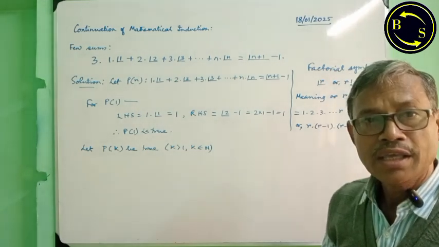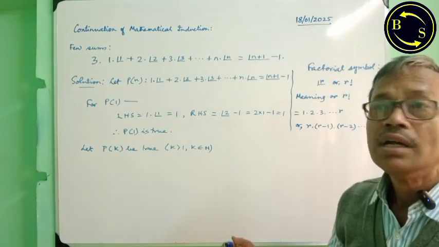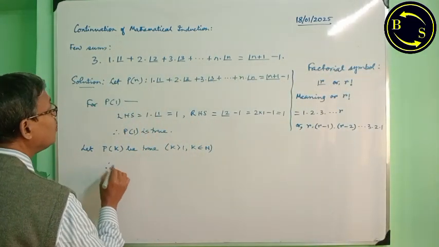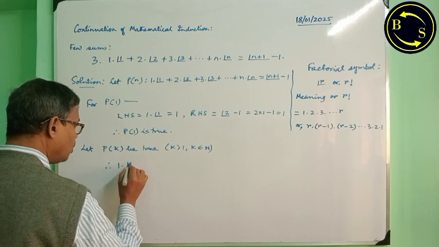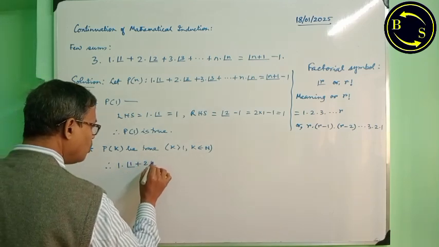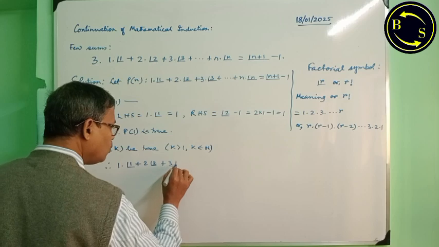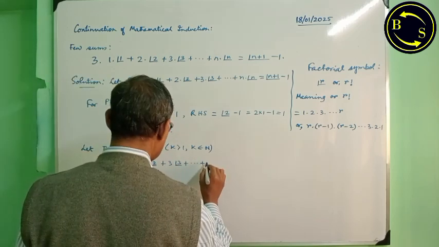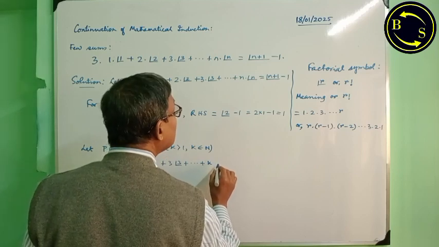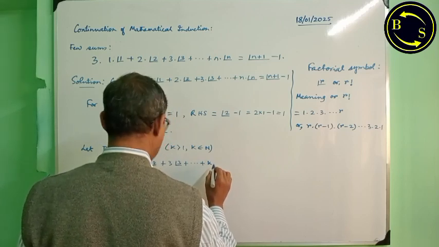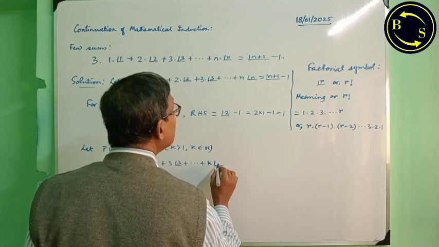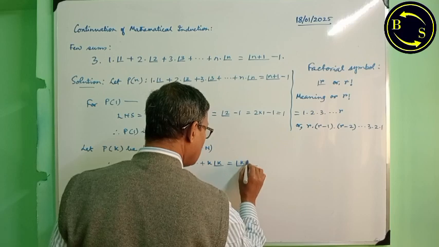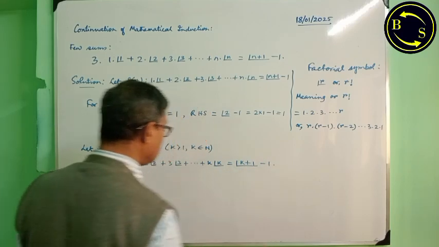That is why I am discussing the problems stepwise. Therefore, 1 into factorial 1 plus 2 into factorial 2 plus 3 into factorial 3 plus dot dot dot plus k into factorial k equals factorial k plus 1 minus 1.